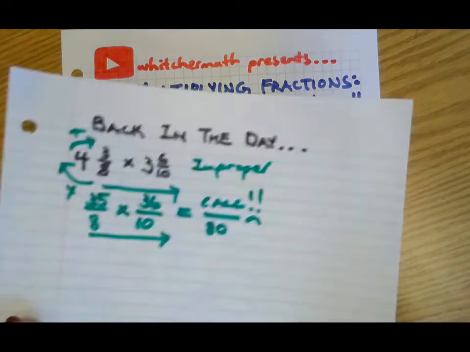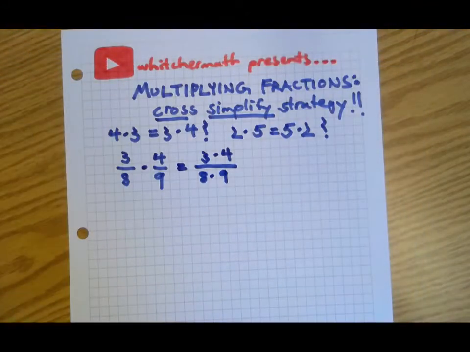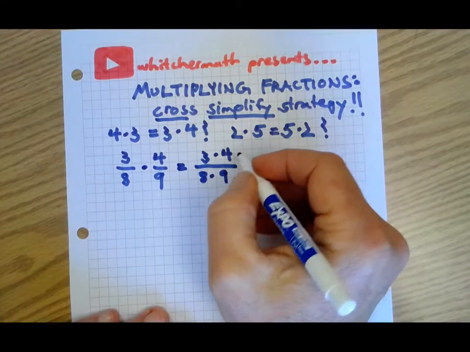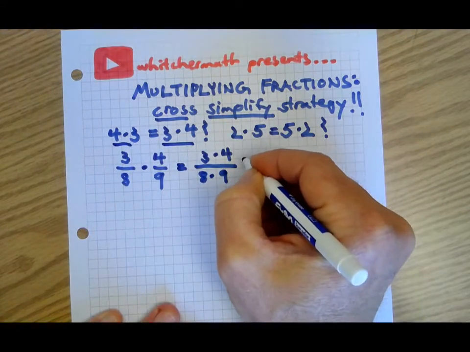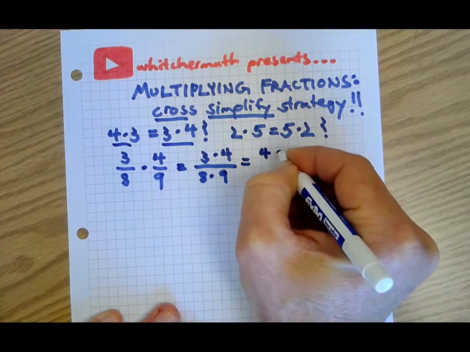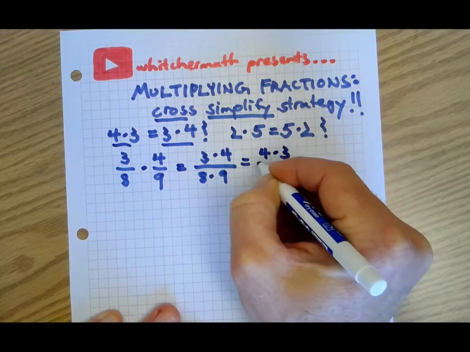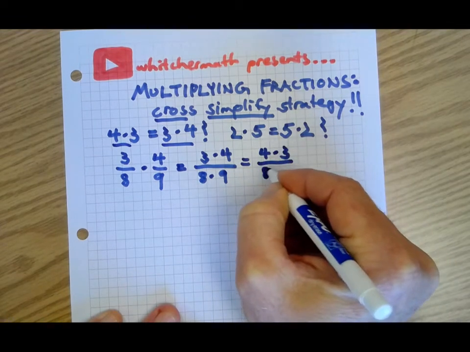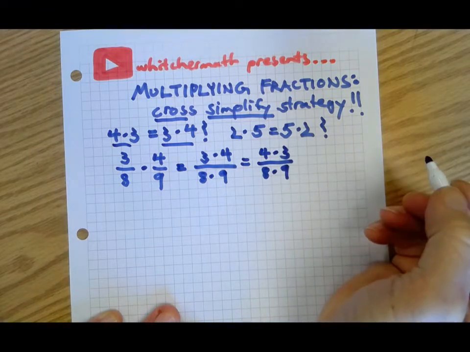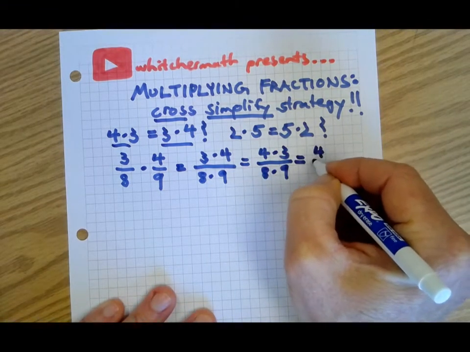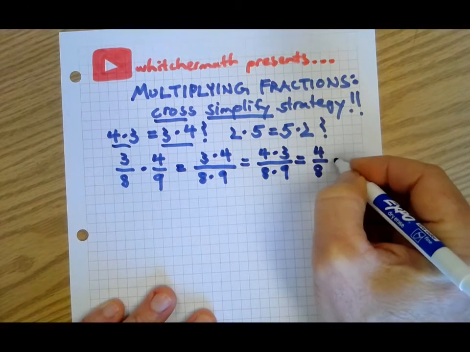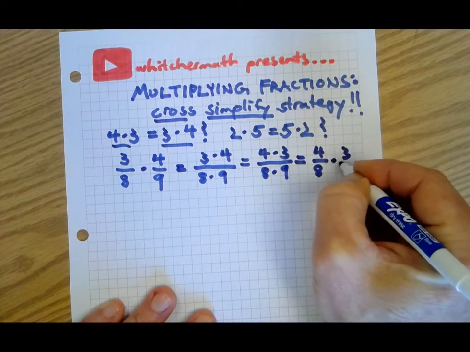Remember our back in the day thing we started? We'll come back to that. But since you just told me these are the same, we can totally switch those numerators and it will not change the answer at all. Okay? And just for fun, we can separate those back apart into what look like new and different fractions.